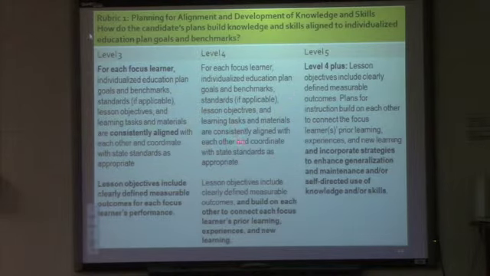See, consistently aligned. You see how I kept on talking about that? They're going to look for that. Consistently aligned with each other and coordinate with state standards as appropriate.